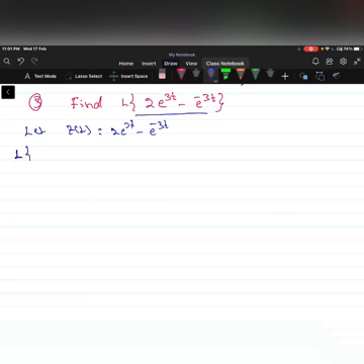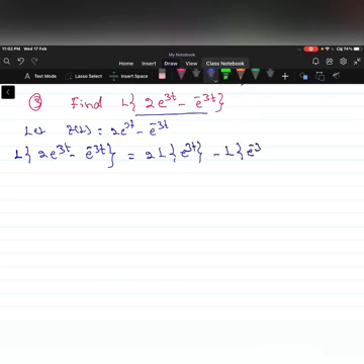So now Laplace of 2 into e power 3t minus e power minus 3t is equal to 2 into Laplace of e power 3t minus Laplace of e power minus 3t. So you know the Laplace transformation of some standard functions.